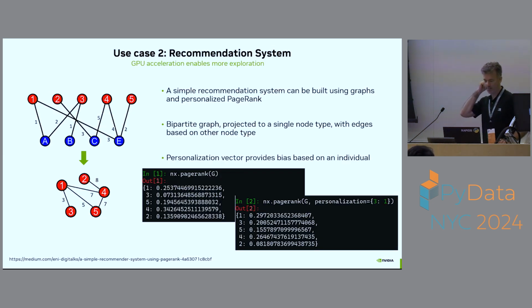Another one I thought about was this recommendation system. If you have a bipartite graph like this, you can do this projection. In this case, the red numbered nodes are movies. The blue lettered nodes are reviewers.